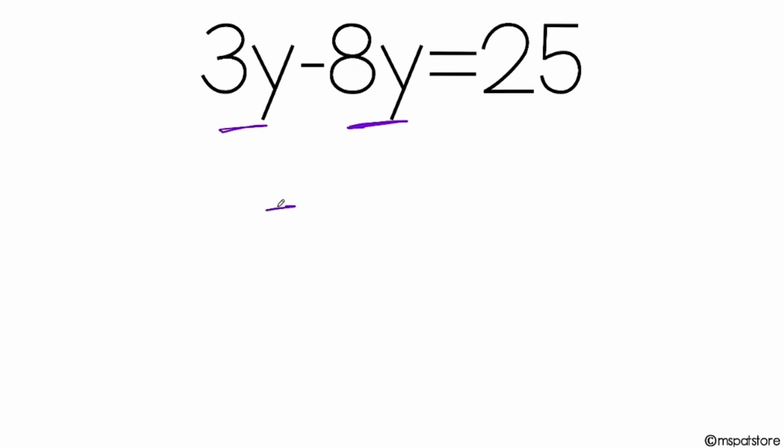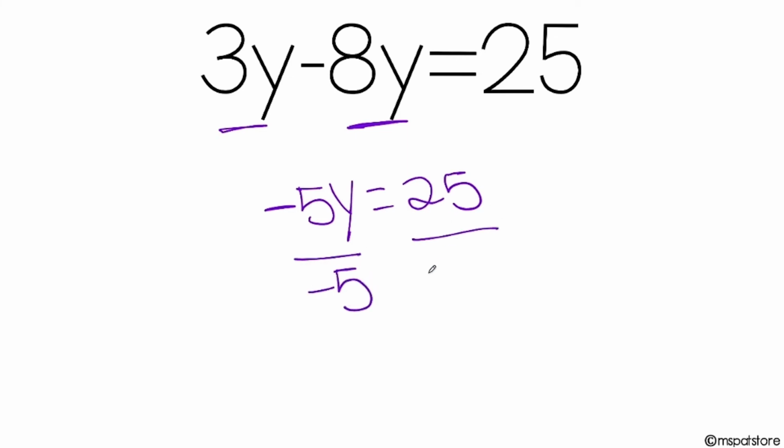So it will be negative 5y, because 3 minus 8 is negative 5, is equal to 25. I still have one intruder here, so this intruder is multiplying my variable, so I will do the inverse operation, which is division. That's why I'm dividing by negative 5 here, and also dividing by negative 5 on the other side. So it will be y is equal to 25 divided by negative 5, which is negative 5.